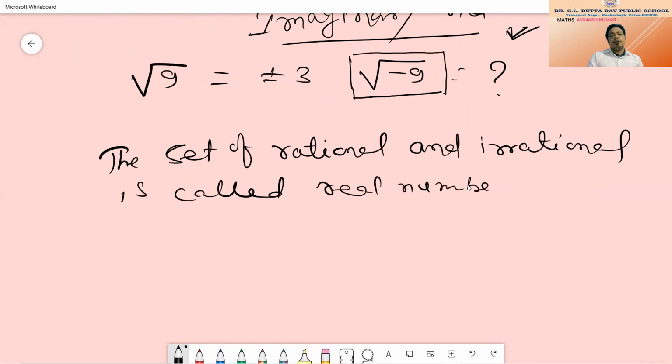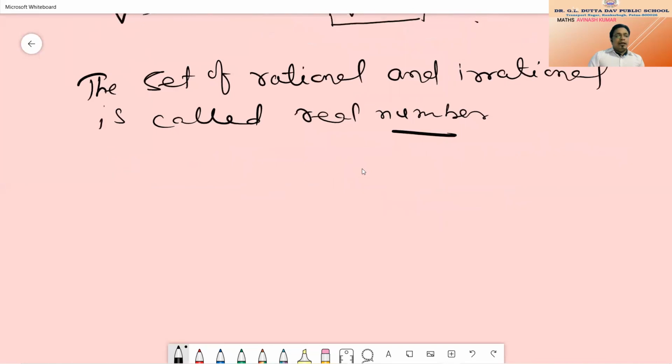Okay, students. Now come to the syllabus. In class 10, the first topic we have to study is Euclid's division lemma.